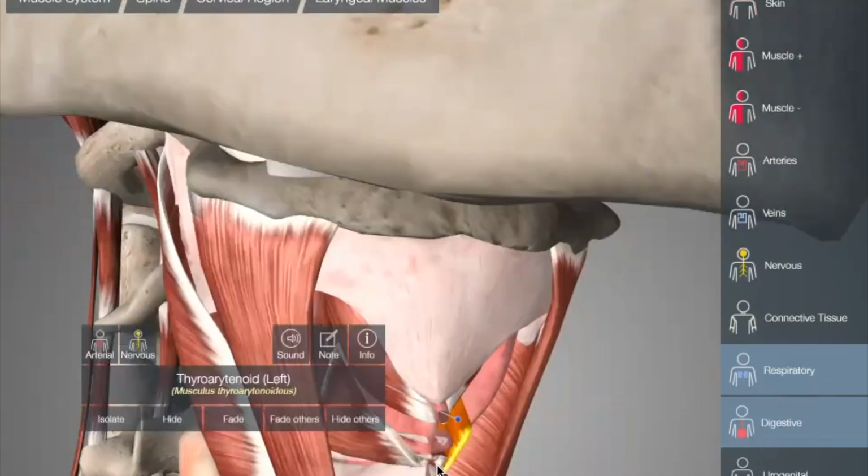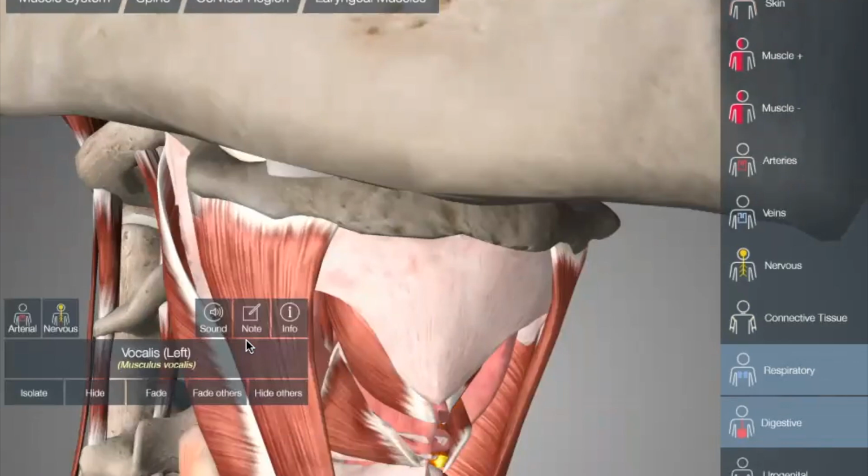Not here. Here. First, you have the vocalis muscle, and when we talk about vocal folds, I mean the true vocal cords, okay?